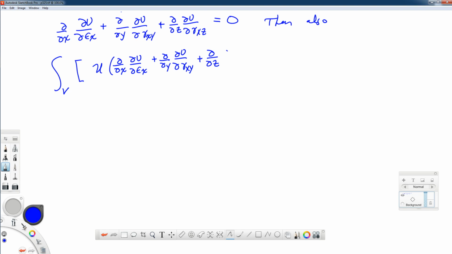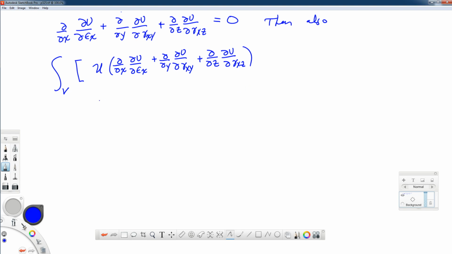I need to let my stylus catch up here. There it goes. Okay, so if I integrate that over the volume, then it's equal to 0. But I not only have this equilibrium equation, I also have two other equilibrium equations.